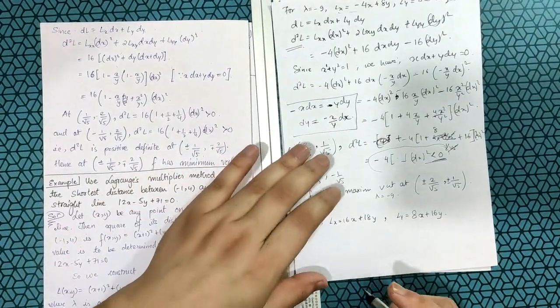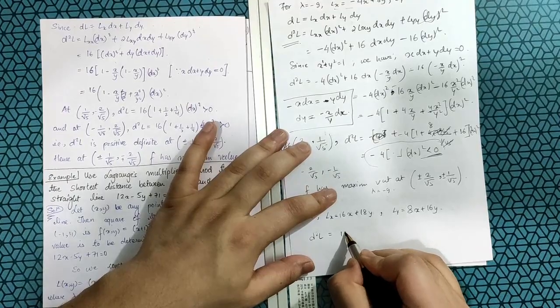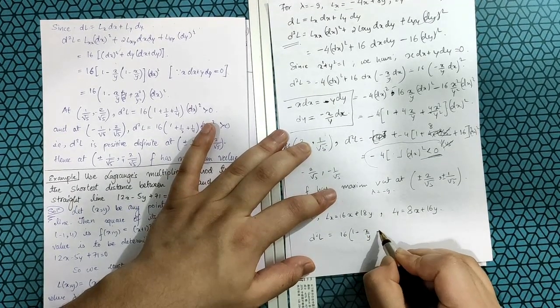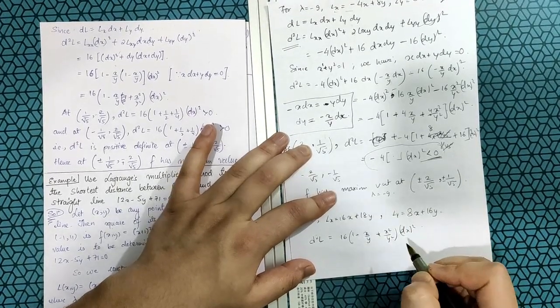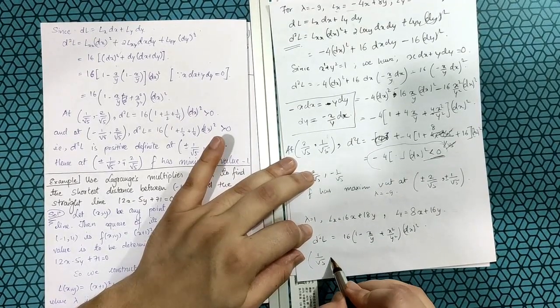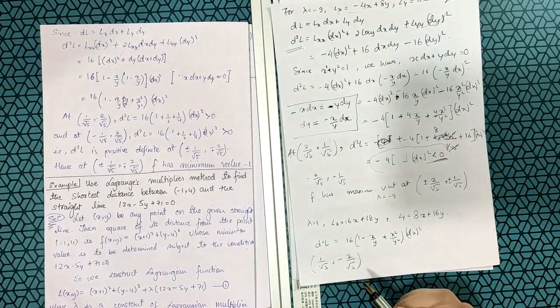Here we get d2L is equal to 16 into 1 minus x by y plus x square by y square, dx square. Here we have the points 1 by root 5, minus 2 by root 5, and the other point.